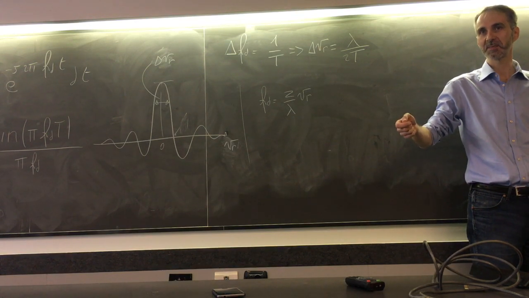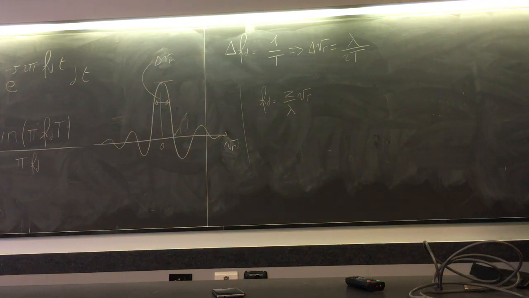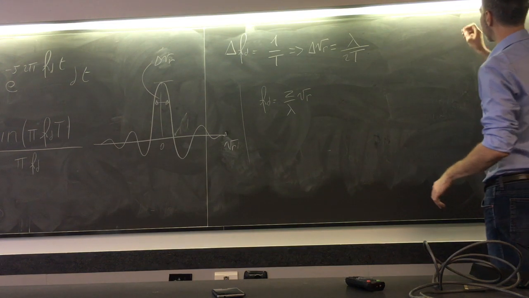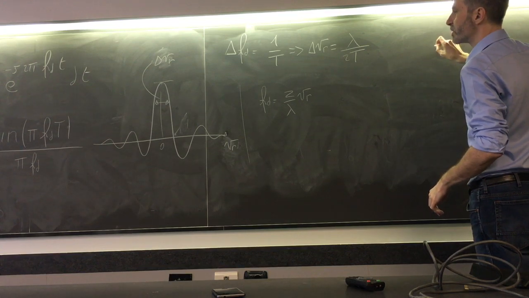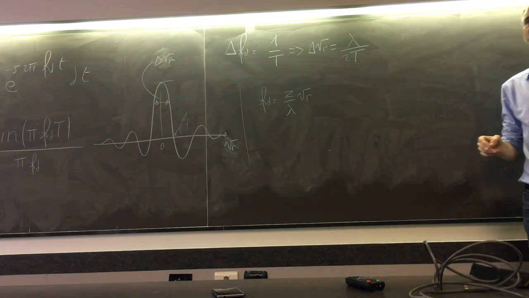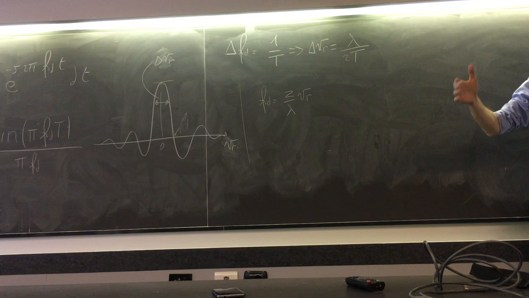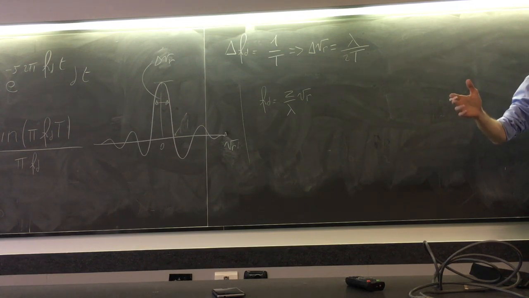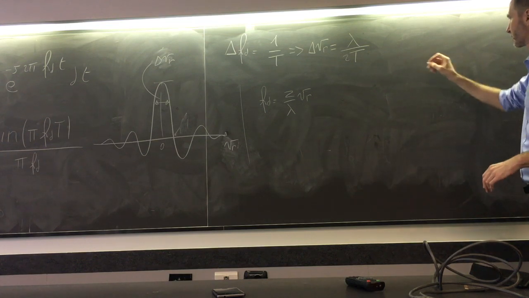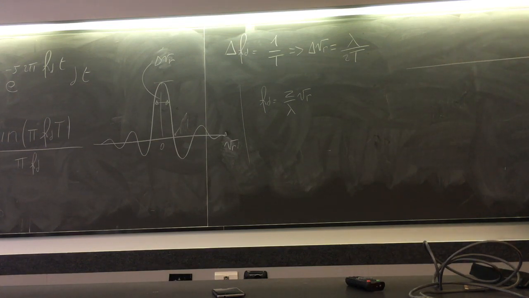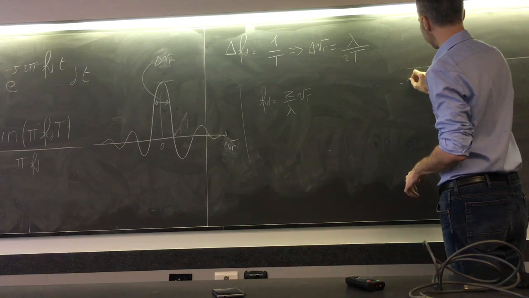Is that accepted? Okay. So this means that you want to probe all the possible velocities from plus to minus 300 kilometers per hour. So this is your maximum velocity, this is your minimum velocity.